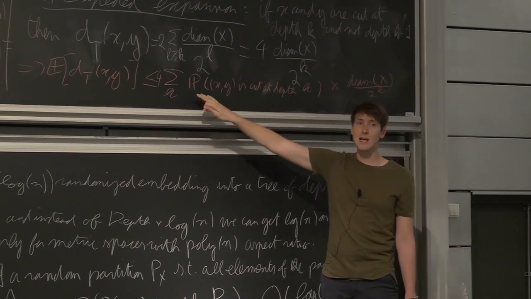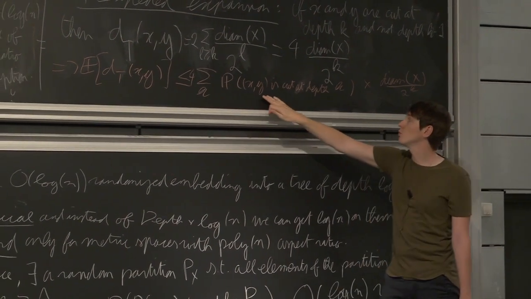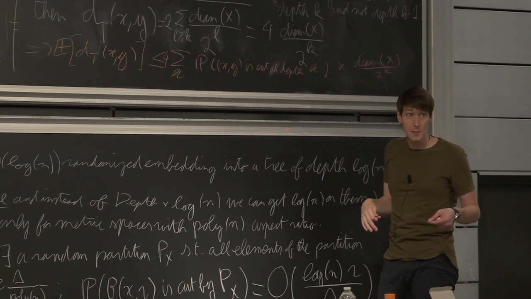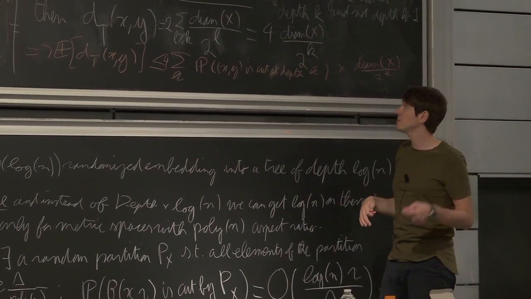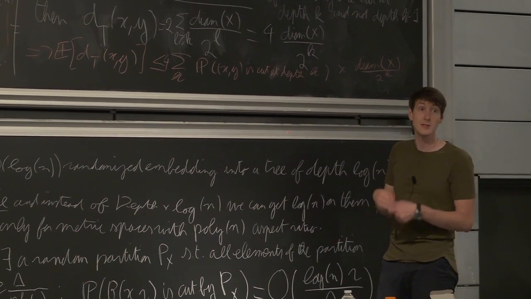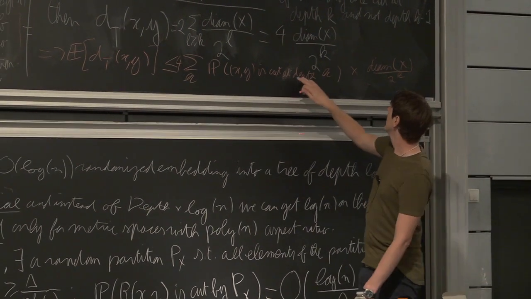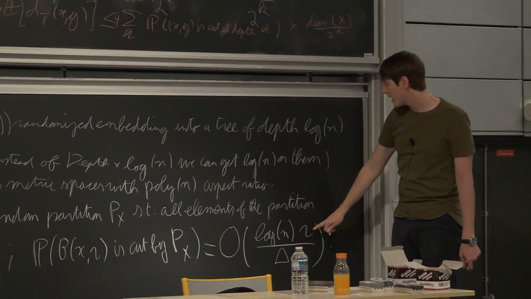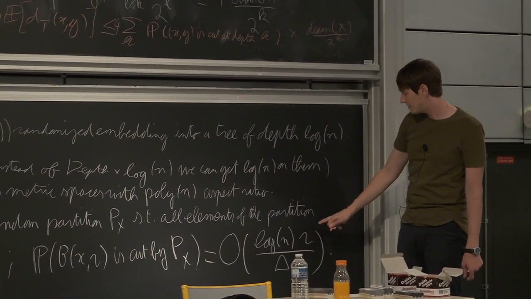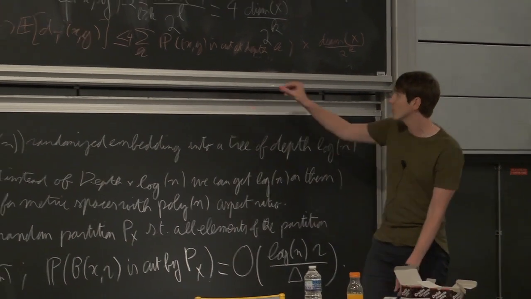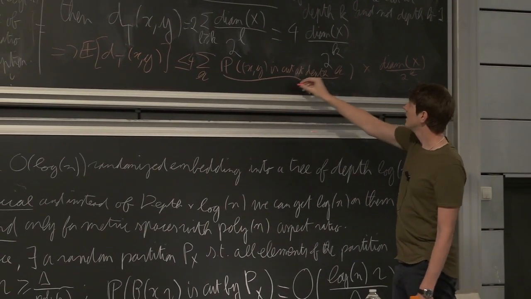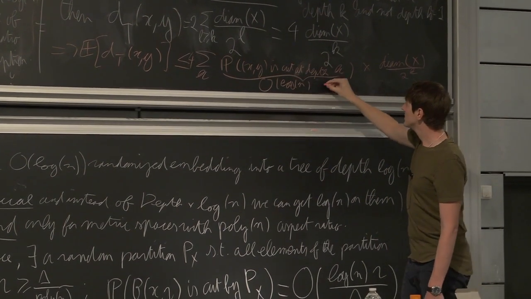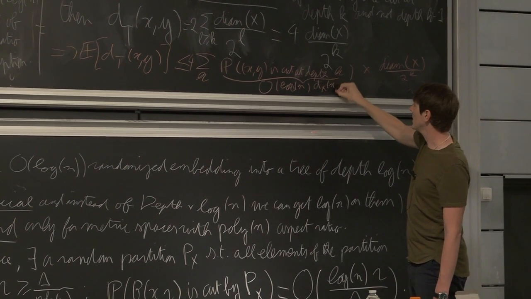And here I use the fact that the probability that xy is cut at depth k for the first time is bounded by the probability that they are cut at all. And this probability, because of this lemma, is log n times d_X between x and y. So this is O of log n times d_X between x and y.